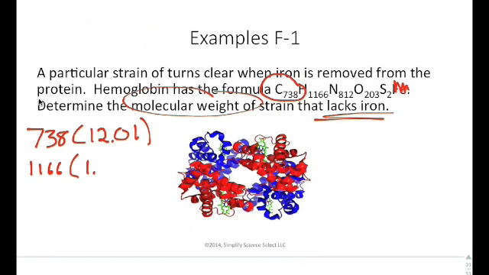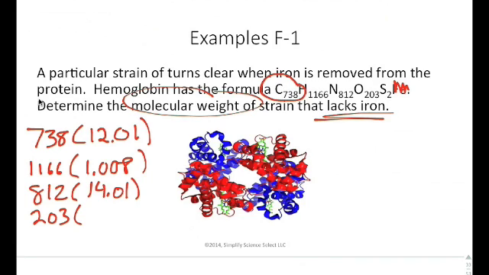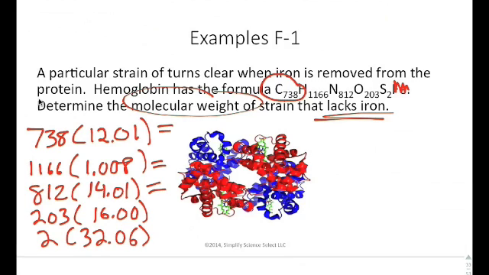The hydrogen specificity that I have is 1.008, and then I have 812 nitrogens, which is 14.01, and then I have 203 oxygens, and my periodic table says 16.00, and then finally you have two sulfurs at 32.06.